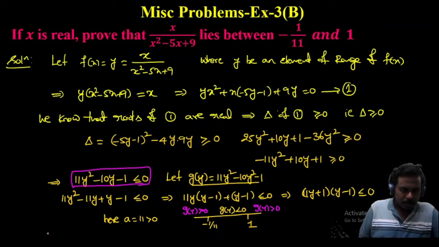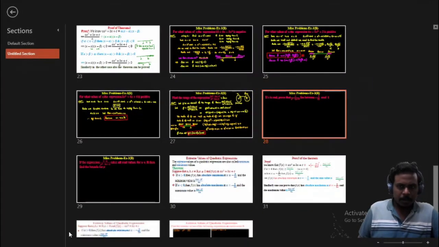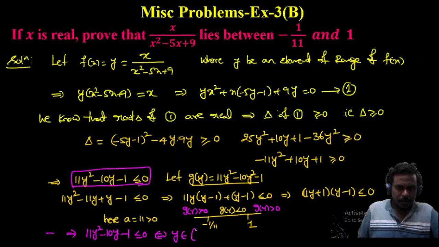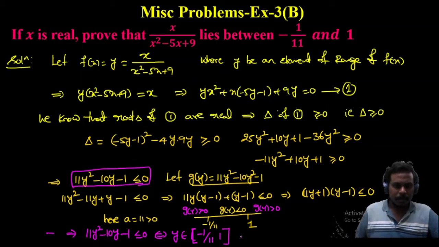So this implies 11y square minus 10y minus 1 is less than or equal to 0 if and only if y belongs to minus 1 by 11 to 1. Here is the final solution. This is the solution.